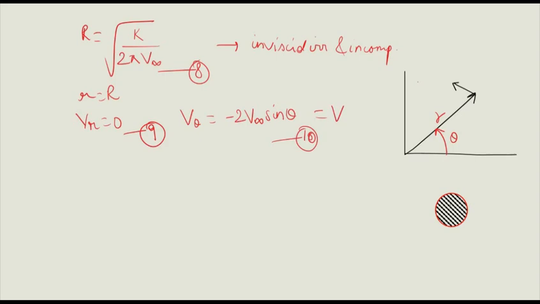Now, with this velocity, there is something to be noted over here, that is the minus sign. Now, how do we get about this minus sign? Why is this minus sign here? So, according to the sign convention, in polar coordinates, V theta is positive in the direction of increasing theta, that is in the counterclockwise direction.